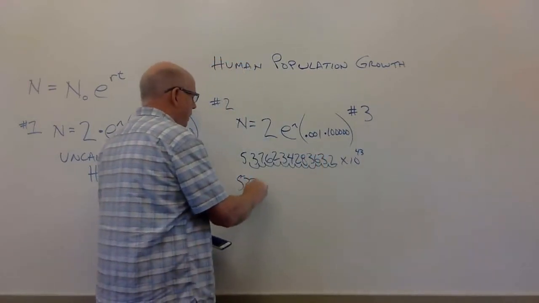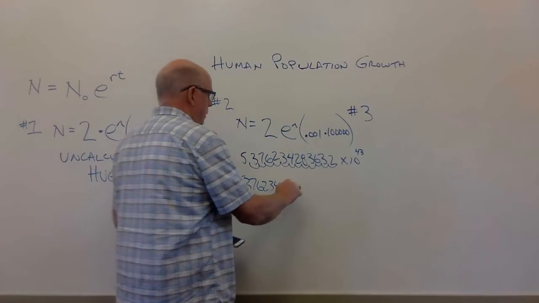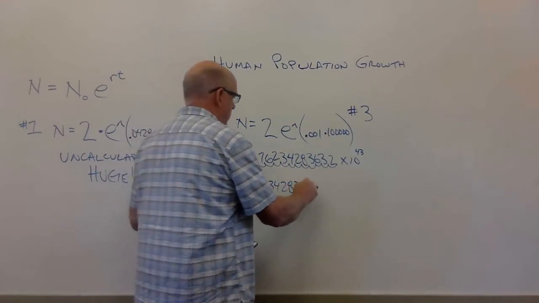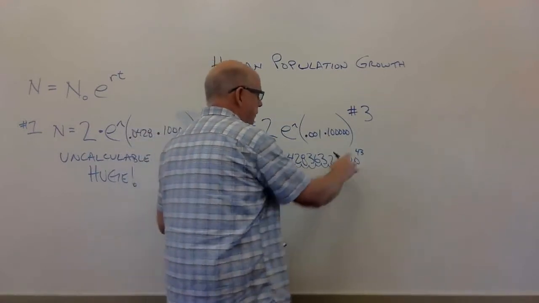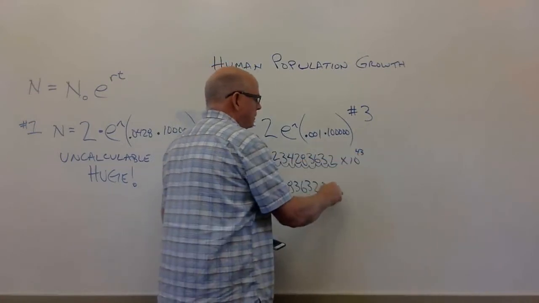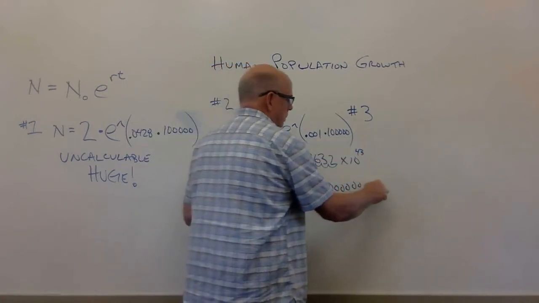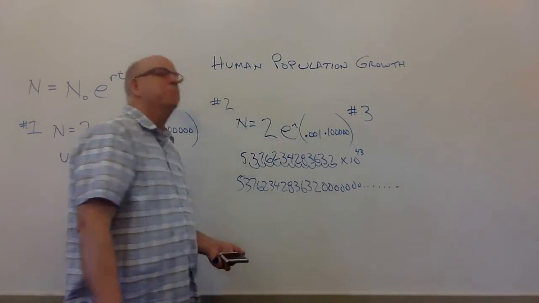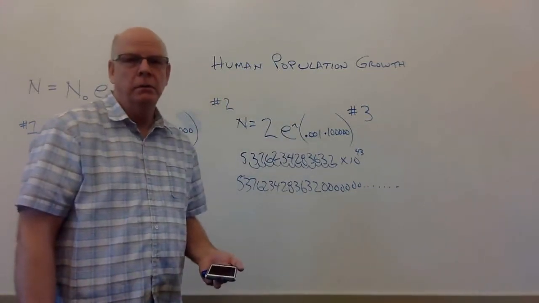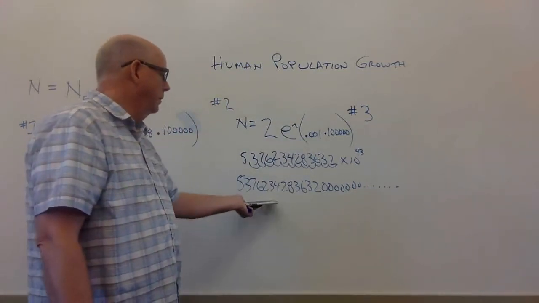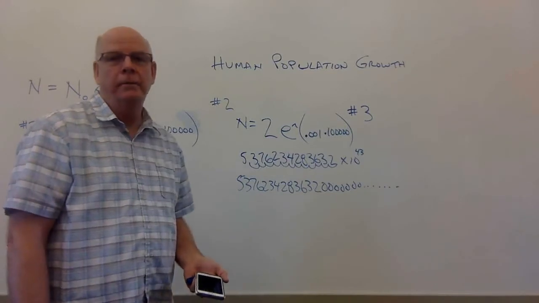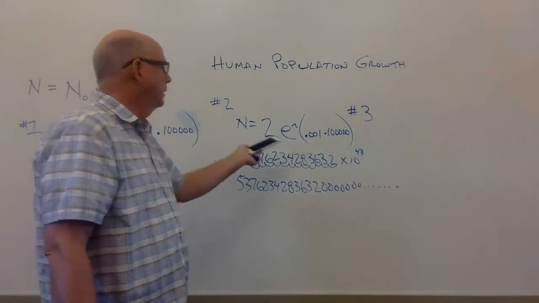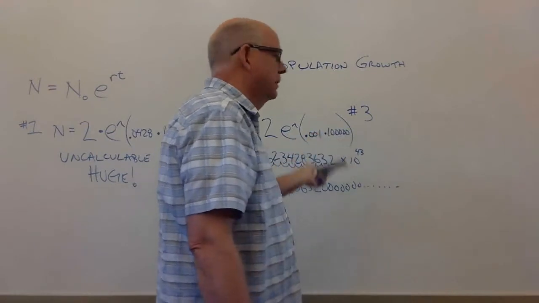So subtract 12 from that, so 31 zeros. That is a massively large number. I'm pretty sure we don't have that many people in the world right now. So I don't think this scenario is true.